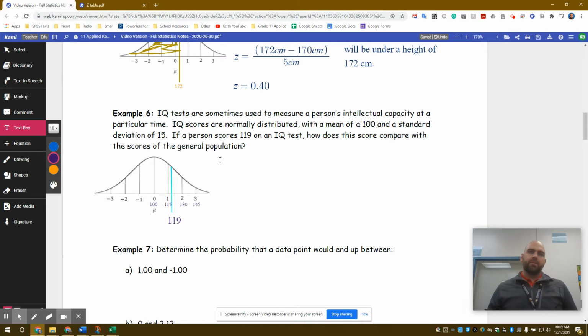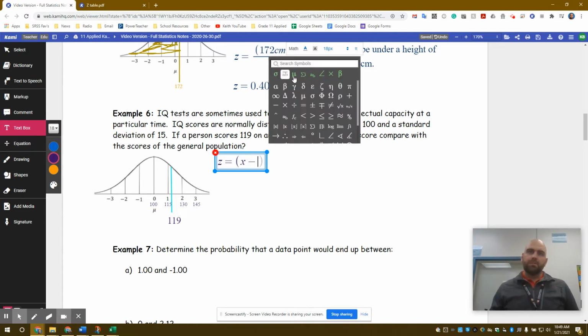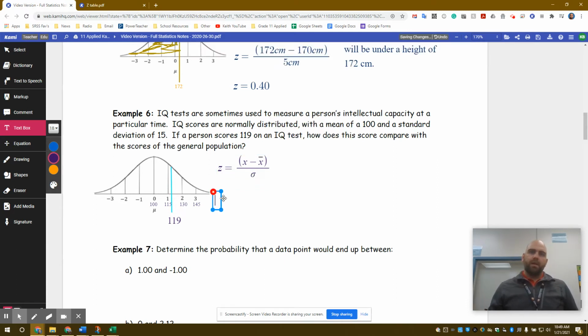The Z-score formula: Z is equal to X minus X bar, over sigma. To solve for the Z-score, we plug in our values that we know. Z is equal to 119 minus 100, divided by a standard deviation of 15.